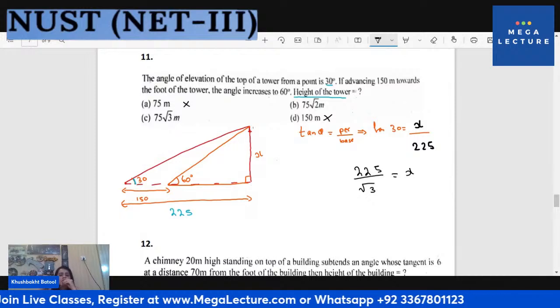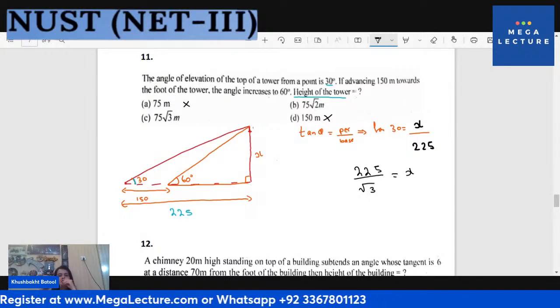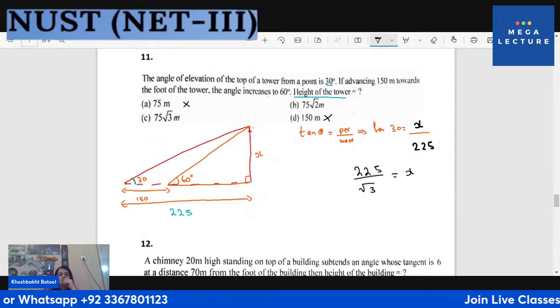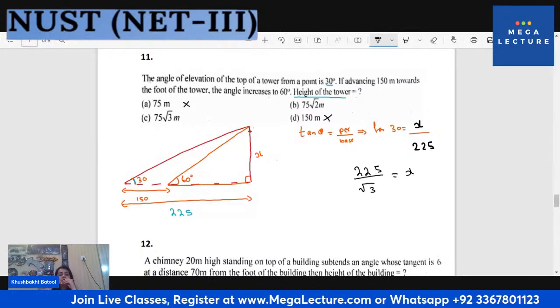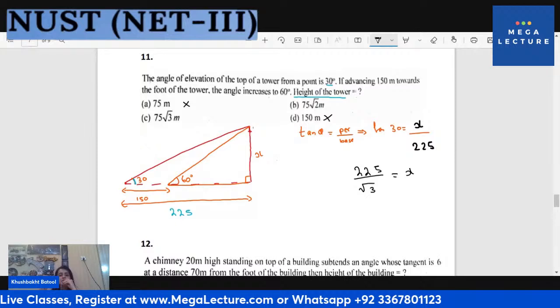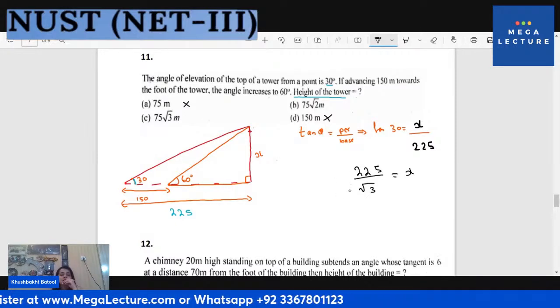So once you do 225 by root 3, you can just pick up a number. You know root 3 would be more than 1.5. This divided, it would give you a rough answer.